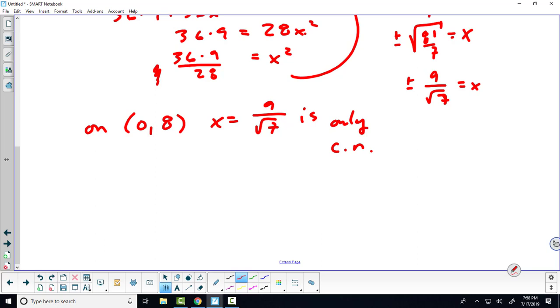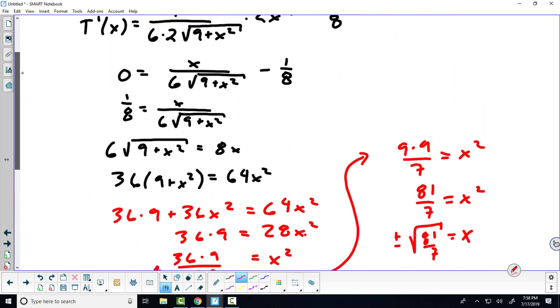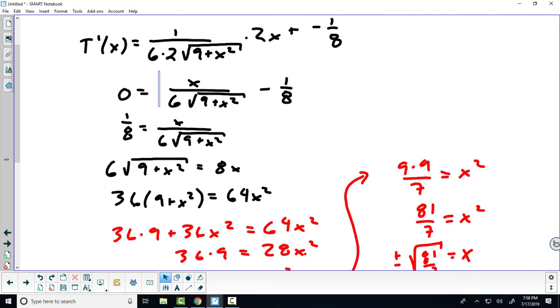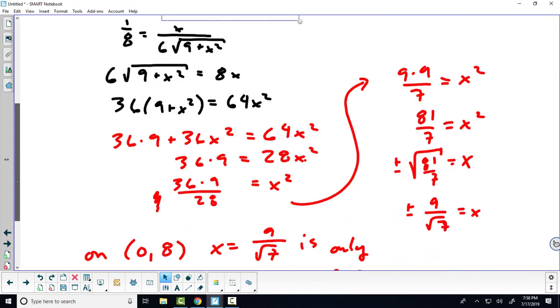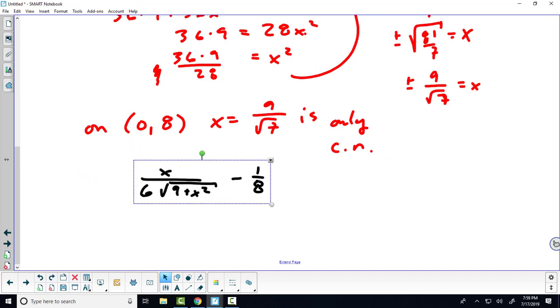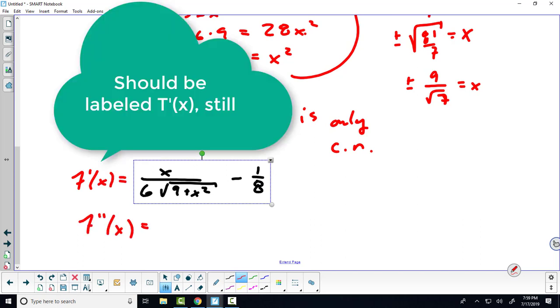So let's go ahead and find, right way up here, t double prime. Aha, success. There we go. This was our first derivative. So let's find the second derivative. Okay, so we'll have to do a quotient rule here, right?